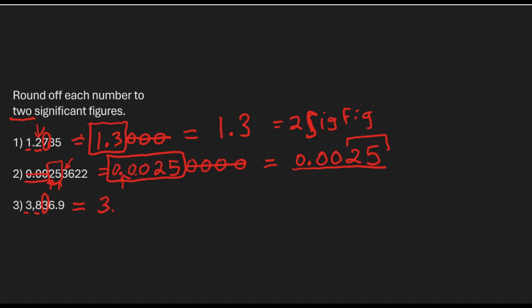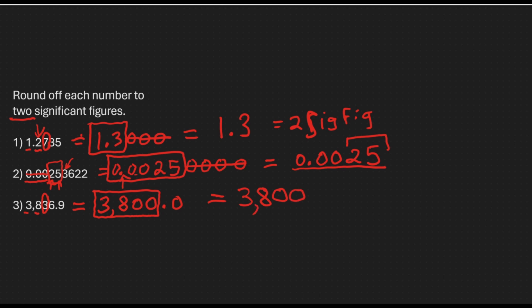So I have 3,800. I replace everything else with zeros. And my final answer, considering I only need two sig figs, will be 3,800 without the decimal.